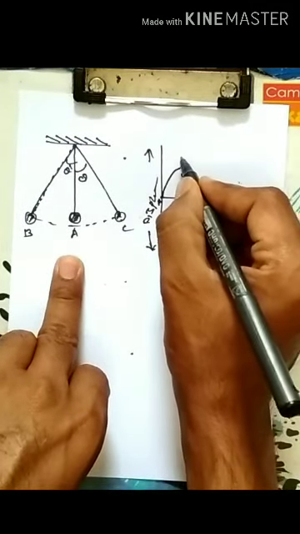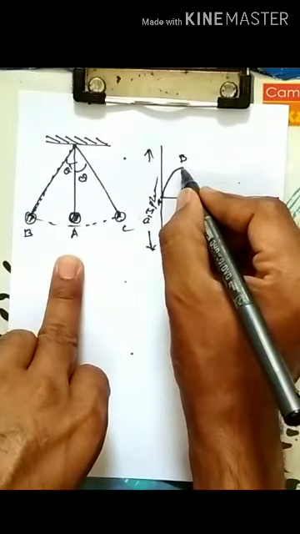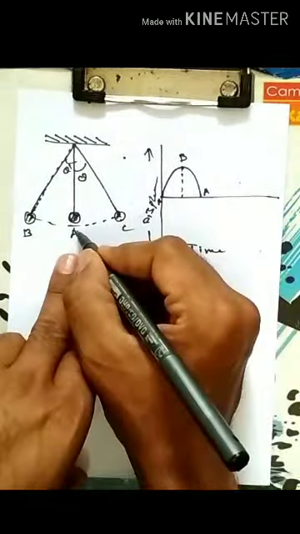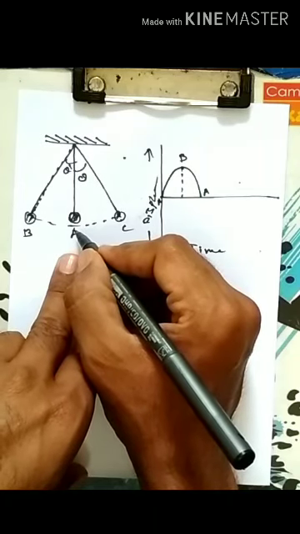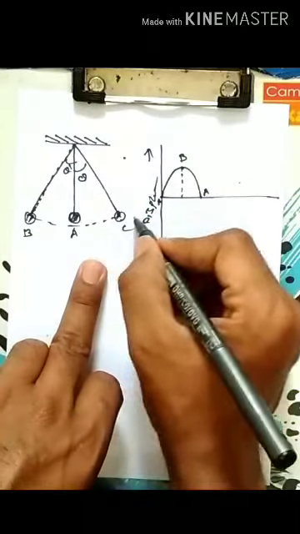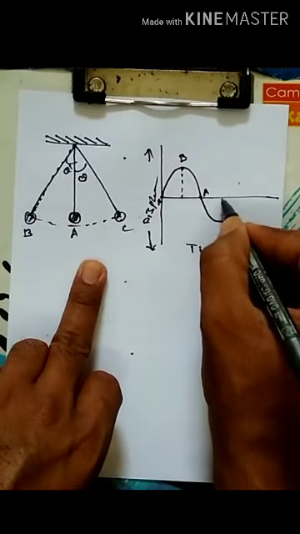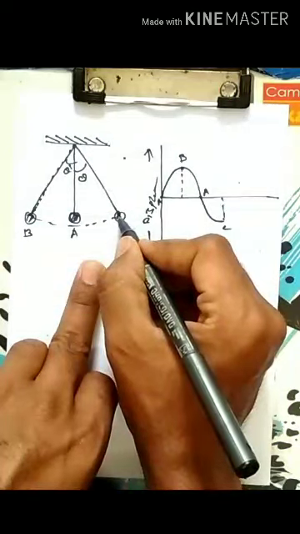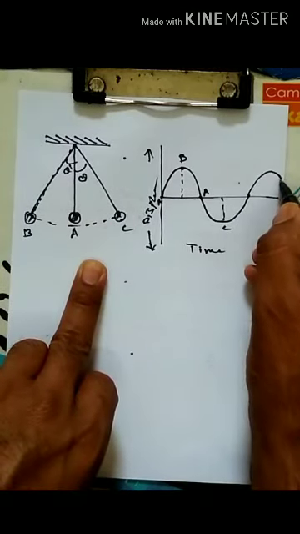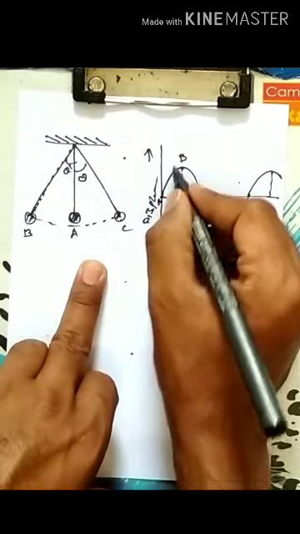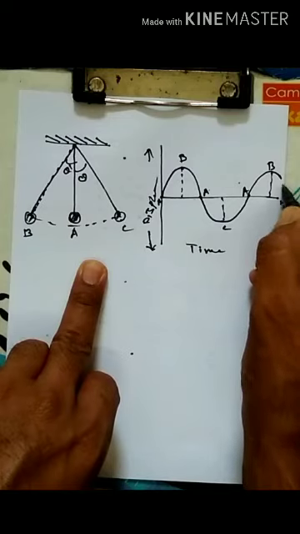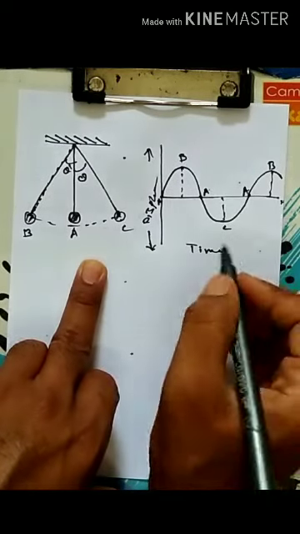Again it comes back to point A, so I can draw this A. From this point A, it goes to the point C, and from point C, it comes back to point A. So likewise, A, B, A, C, A, B, A, like this it is happening.